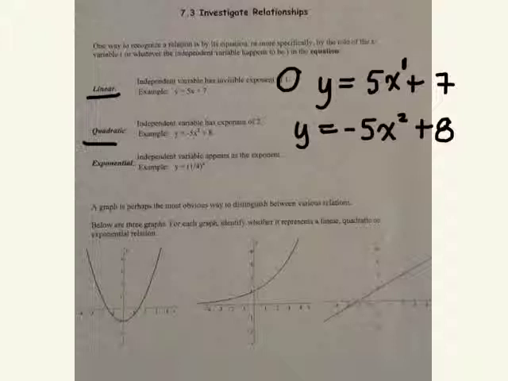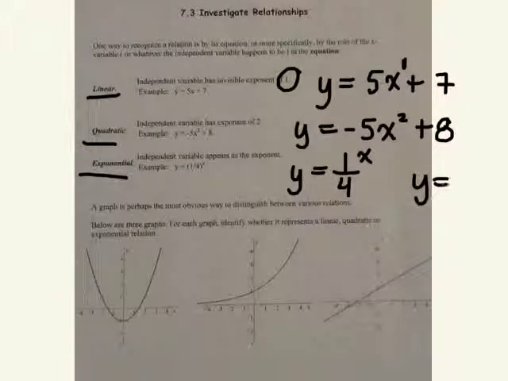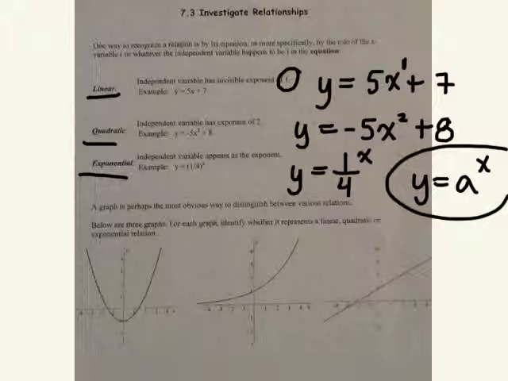The third type of relationship you're going to be learning is called exponential, and it looks something like this. It's written in the form y equals a to the power of x, okay? We'll talk about what that means later on in the chapter, but if we were just to look at the graphs, would graph 1 be linear, quadratic, or exponential?